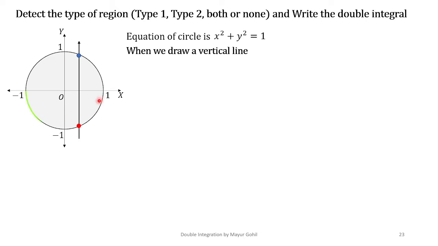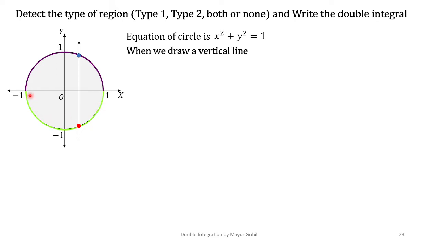Here I am shading that semicircle by this green arc, and the blue dot is located on the semicircle above the x-axis. We have already dealt with semicircles and their equations in our previous video lectures, so with that crucial understanding we shall move further and write the limits.